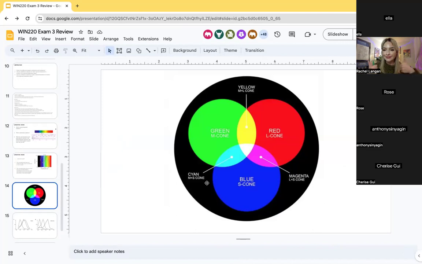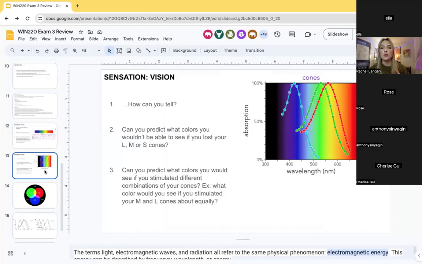No, thank you. Actually, one thing you said, if you're missing your S cone, then you can still see everything okay, except for the overlap. I was saying if you miss your M cones, you would still be able to see throughout the full range of wavelengths, but you wouldn't be able to distinguish colors that rely on you comparing the S to the M or comparing the L to the M. So basically what you would be missing is say like yellow and cyan, right?